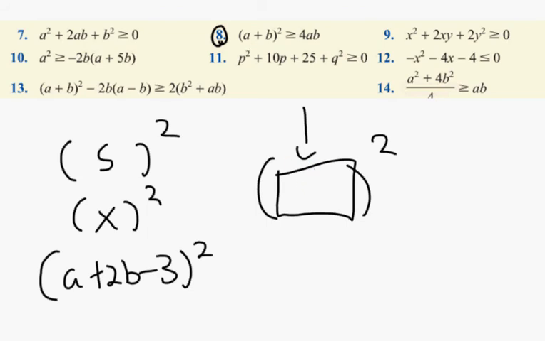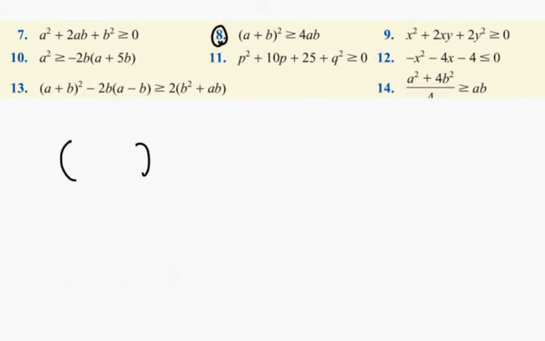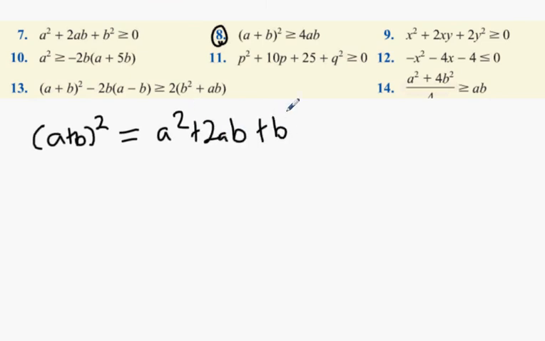Now, what you're going to do is, I have a couple of these learned off by heart, okay? The ones I have learned off by heart are stuff like this. I have a plus b squared. I know that when I multiply that out, it's a squared plus 2ab plus b squared. If you're wondering how to prove that to yourself, you multiply it out, and it turns into that.